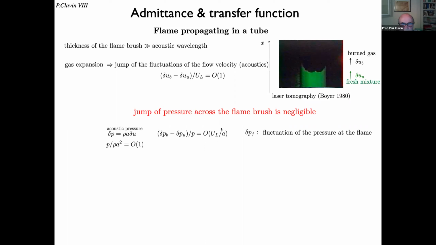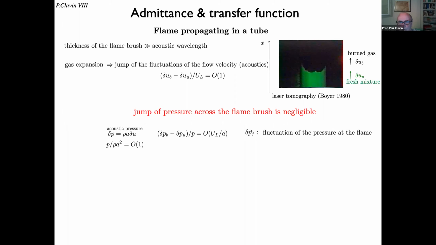So this is a very small number. You can consider, to first order, that there is no jump of pressure. There is just a jump of velocity across the flame brush, and you can neglect the jump of pressure, in such a way that the acoustic problem that you have to solve is relatively simple.